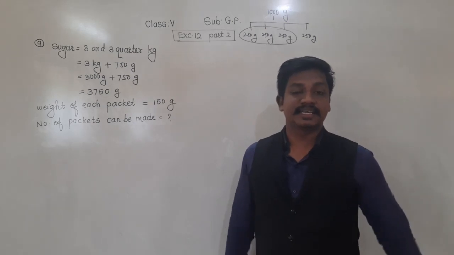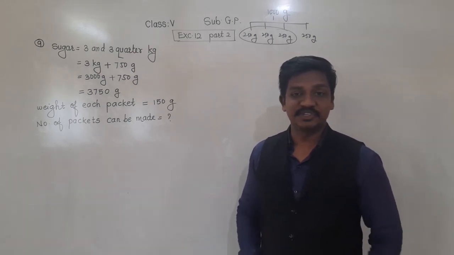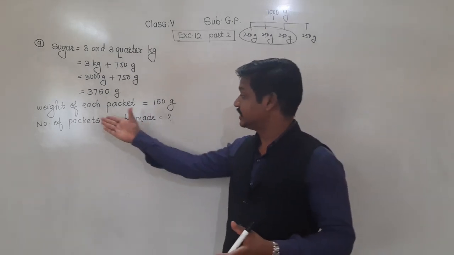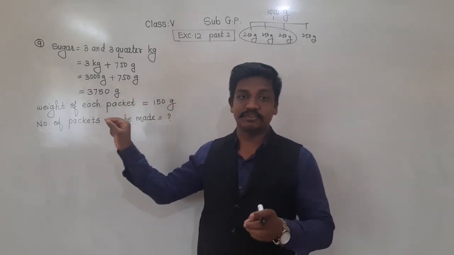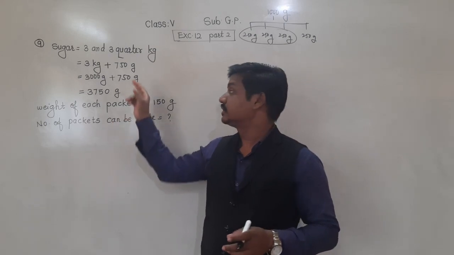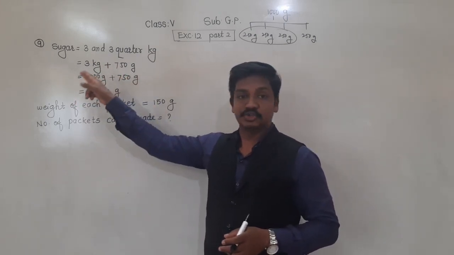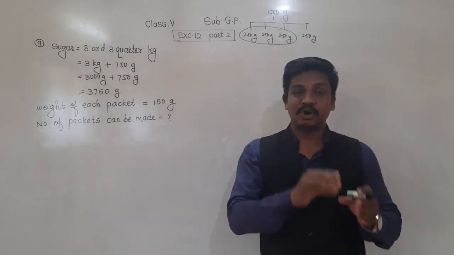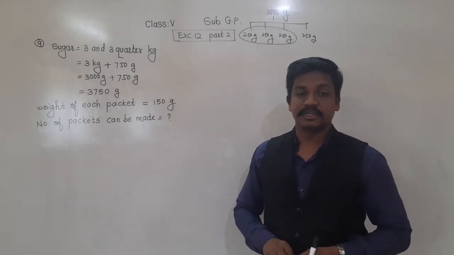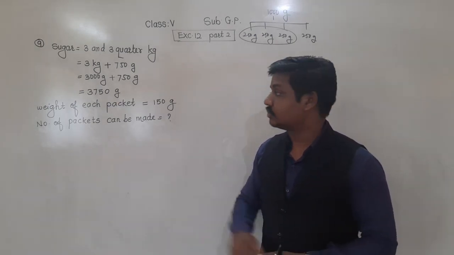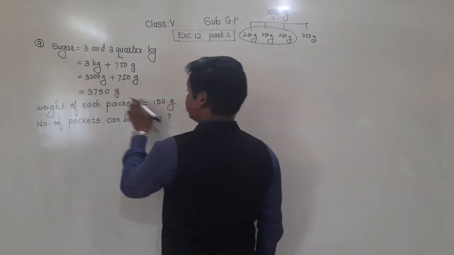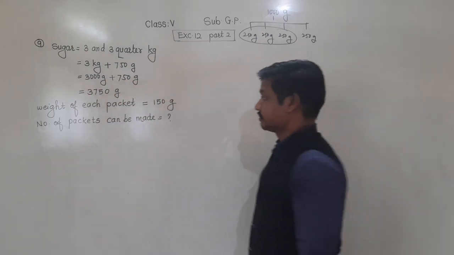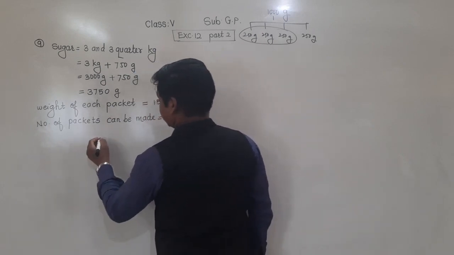Since the weight of each packet is the same, 150 gram, and out of this total sugar we have to make small packets of 150 gram, we need to divide this total sugar by 150 gram to find the number of packets.